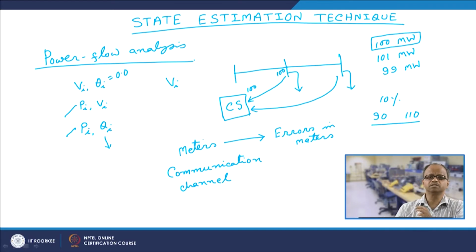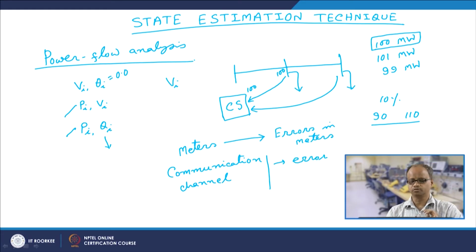But it may sometimes happen that due to some error in the communication channel, of course, nowadays with the advancement of communication technologies, the chance of this error is pretty small, but even then it may happen that sometimes this communication channel fails. So, instead of getting the value 100, we may get completely garbage values, or sometimes we may not get any value. So, the communication channel also has some error.